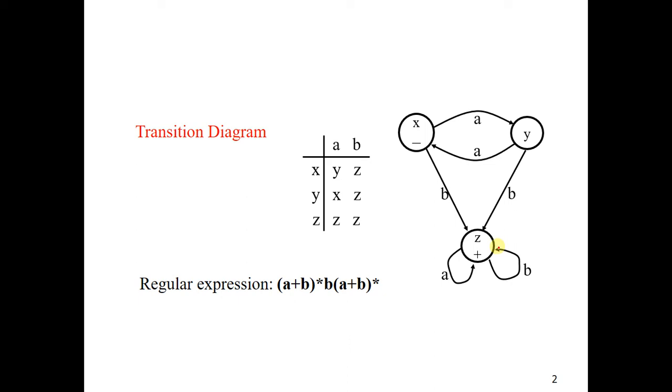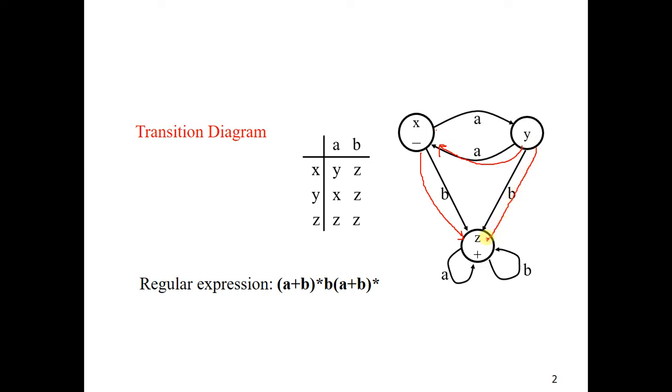Here this automata says if you read A at state X, that is the starting state, you will go to Y, but if you read B, you will go to Z, that is the accepting state. And if you read A at the state Y, you will go back to X, but if you read B, you will end up in the accepting state.